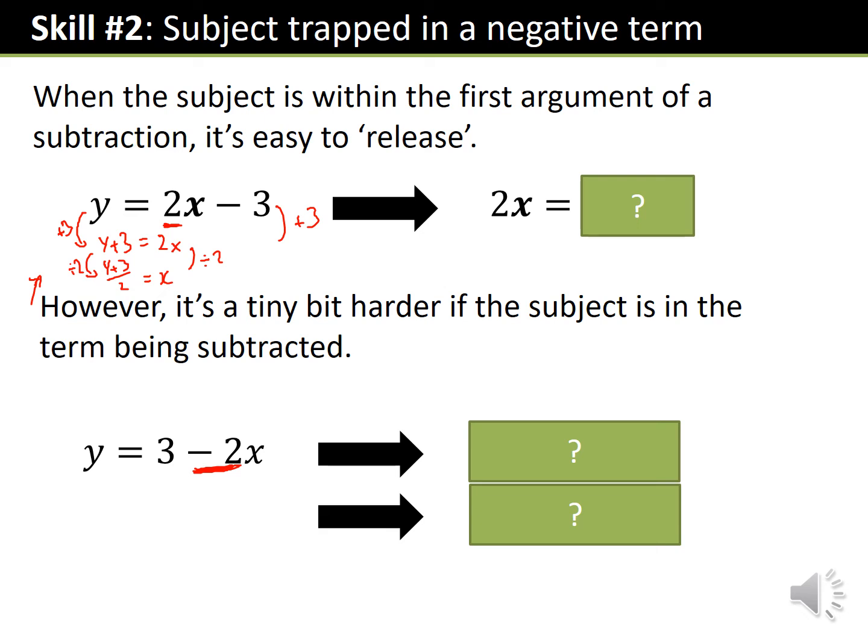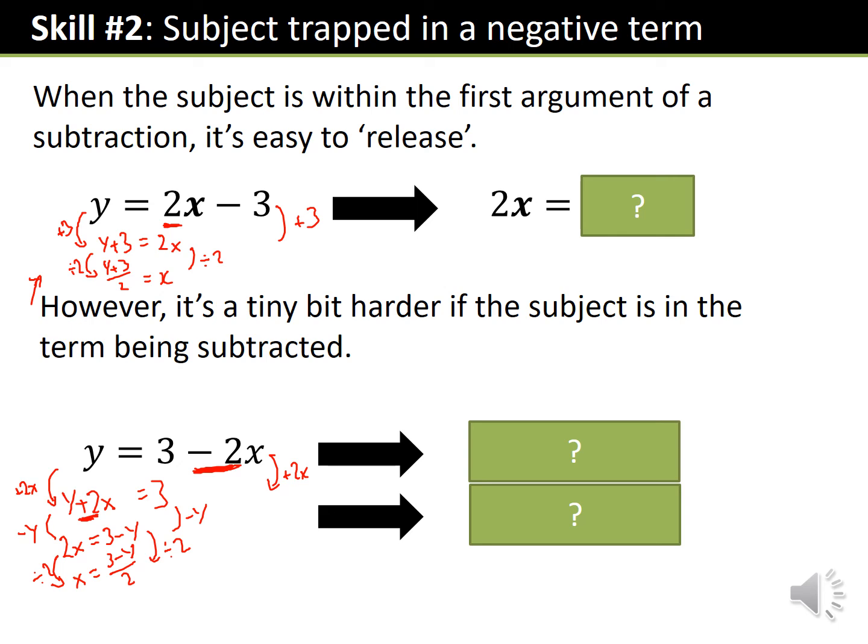So if we add 2x to both sides, this is method 1, we have y plus 2x equals 3, and then from there we can see that we've now got a positive coefficient of x, so we can just solve it like we normally would. So minus y, so 2x equals 3 minus y, and then divide by 2 to get x equals 3 minus y over 2.